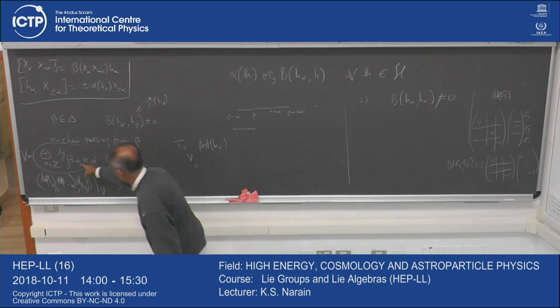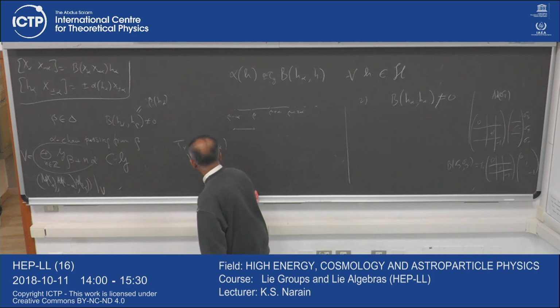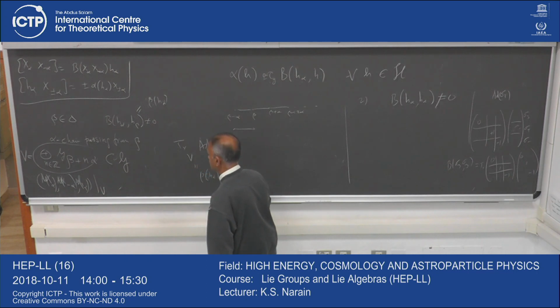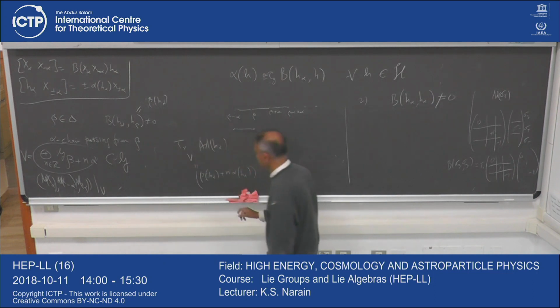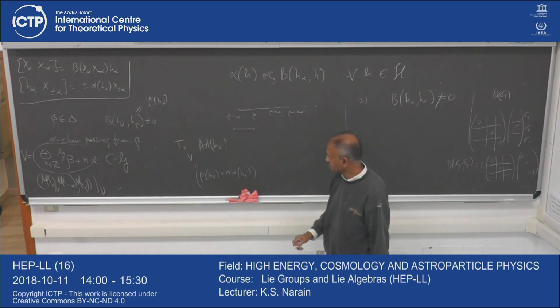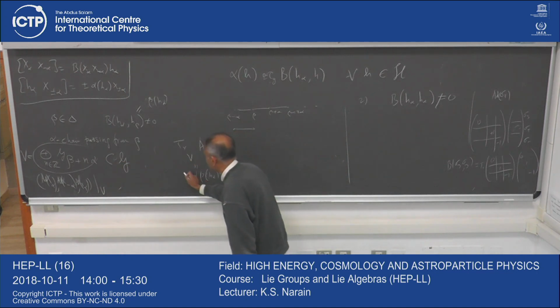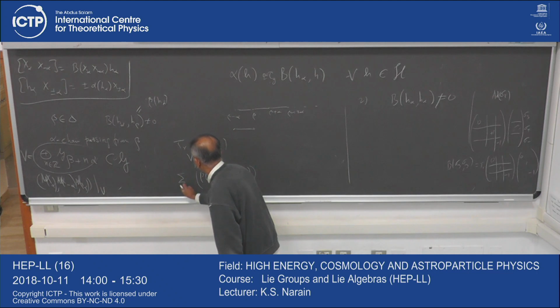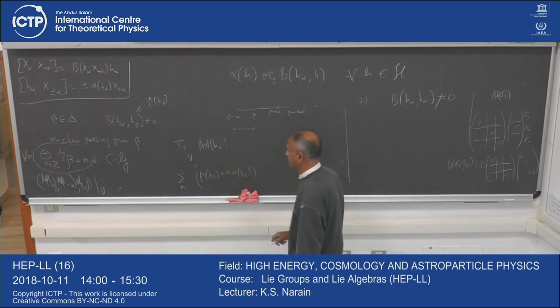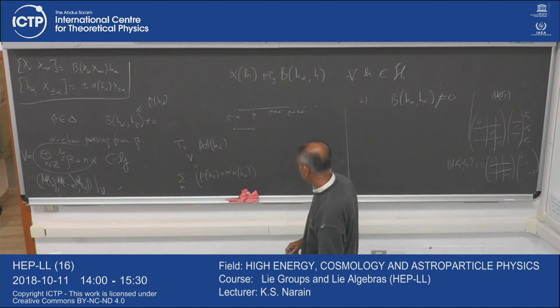In this space, it will act like beta of H alpha plus n alpha of H alpha, right? Because these are eigenstates. And then I have to sum over all n.